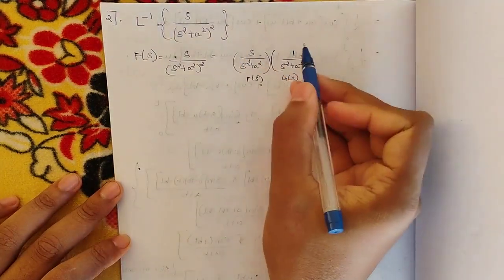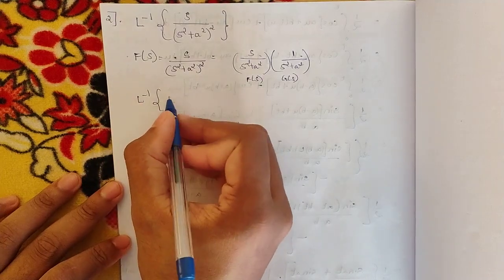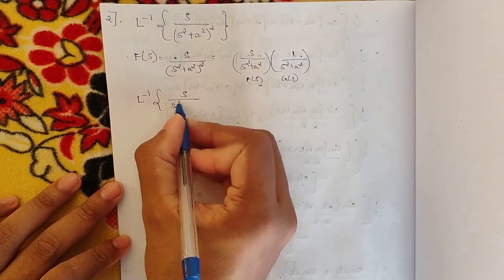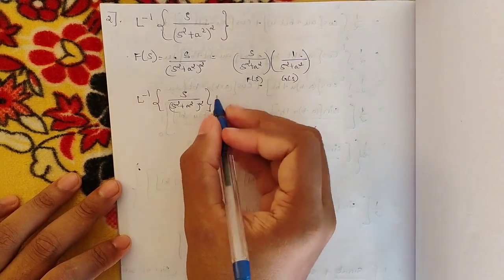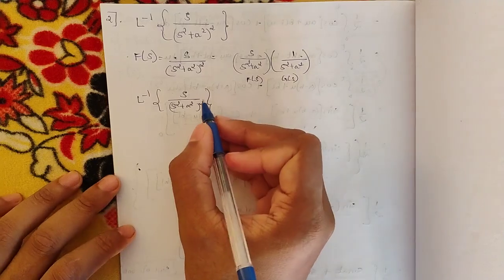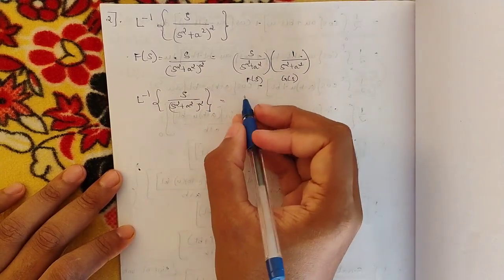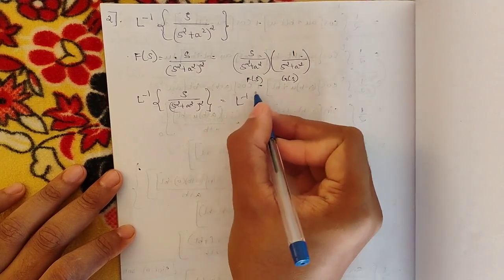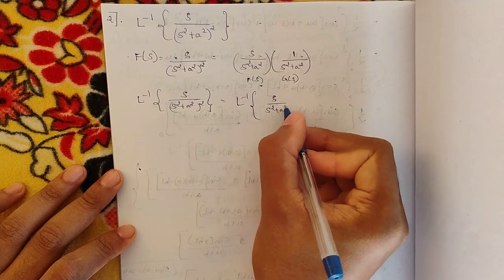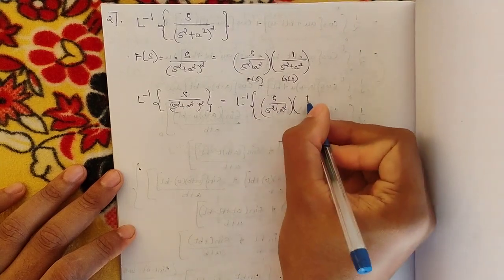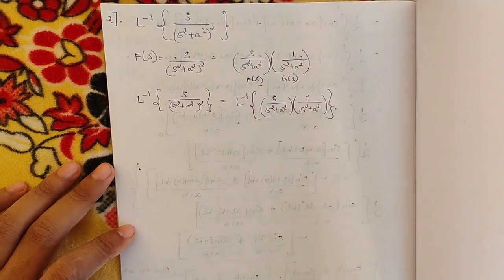So this would be our new value. So now L inverse of s divided by s square plus a square the whole square is equal to L inverse of s divided by s square plus a square into 1 divided by s square plus a square.